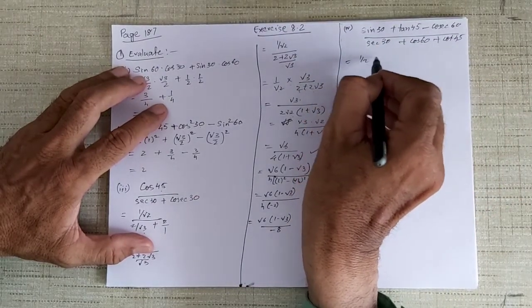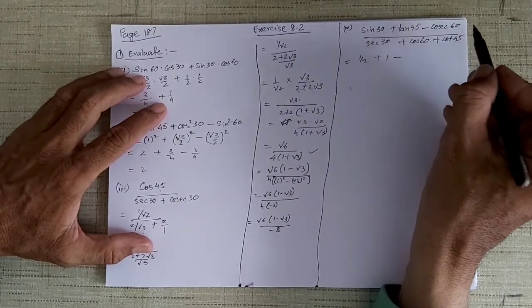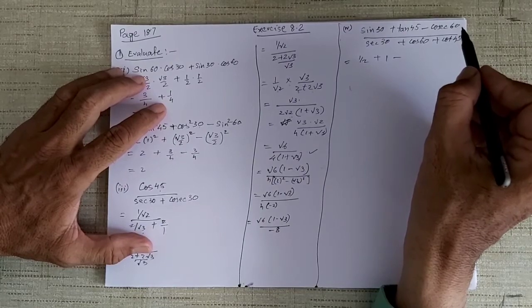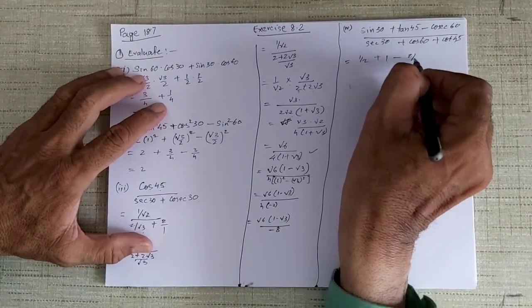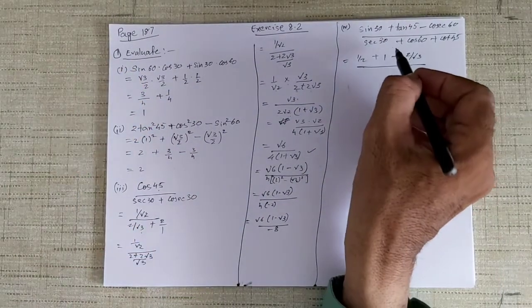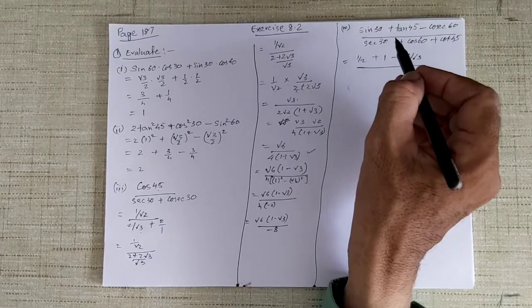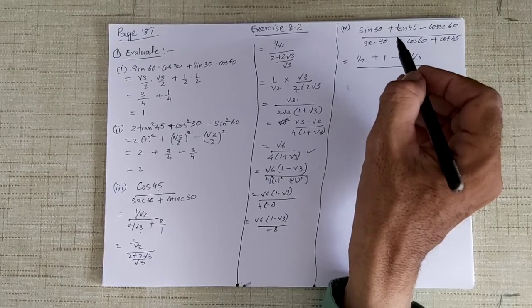Sin 30 is half, tan 45 is 1, cosec 60. Cosec 60 is the reciprocal of sin 60. Sin 60 is root 3 by 2. उसका reciprocal होगा 2 upon root 3. Okay. Sec 30. Remember, sec is the reciprocal of cos. Cos 30 का reciprocal. Cos 30 is root 3 by 2.